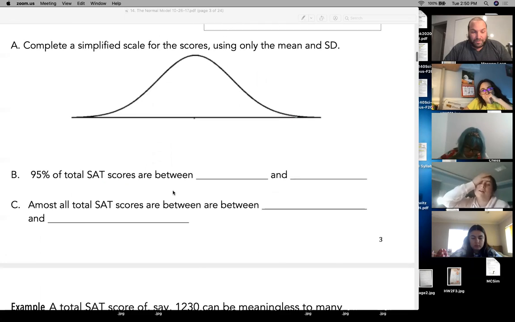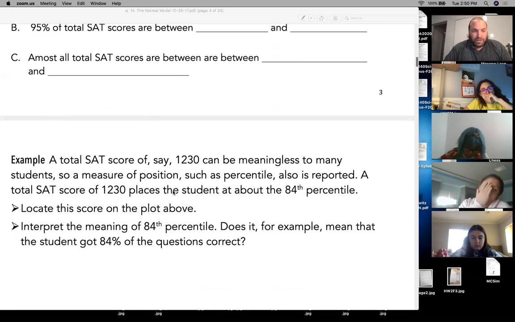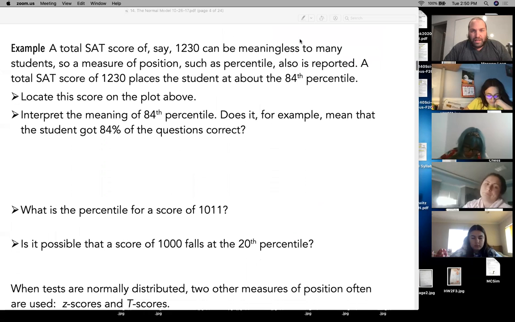All right. Okay, so for example, a total SAT score of, say, 1230 can be meaningless to many students. So a measure of position, such as a percentile, also is recorded.